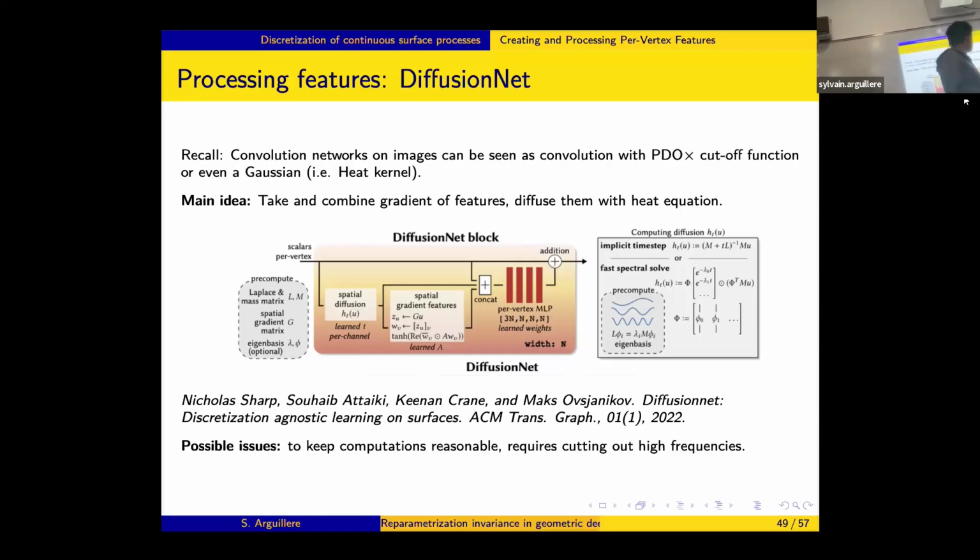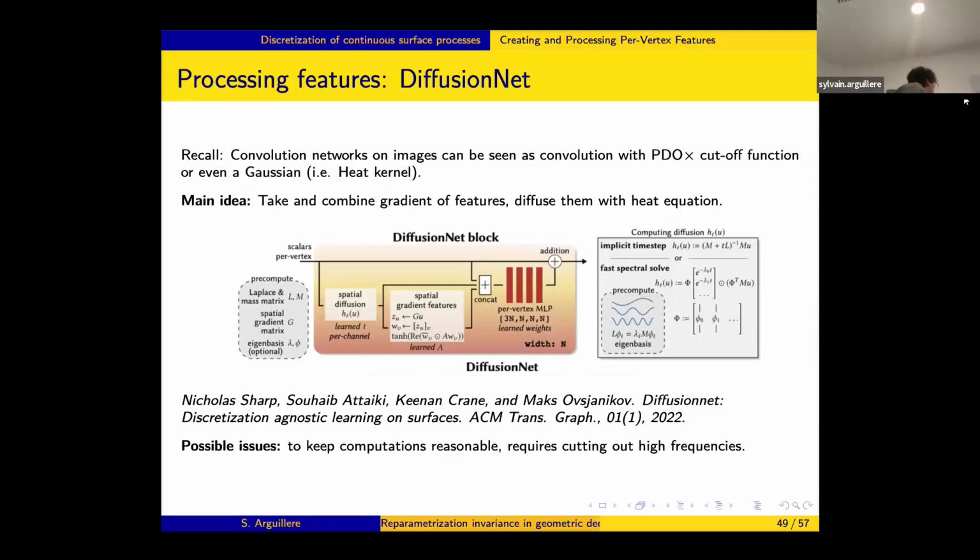The way they usually do it, depending on the size of the mesh, is that you have your Laplace-Beltrami operator, or its discretization, and you just look for the first 128 frequencies, usually a power of 2, and you project onto those frequencies, and then the heat equation becomes very easy to solve.